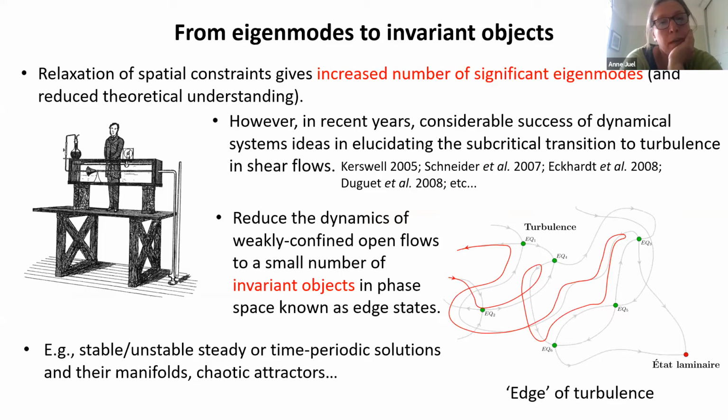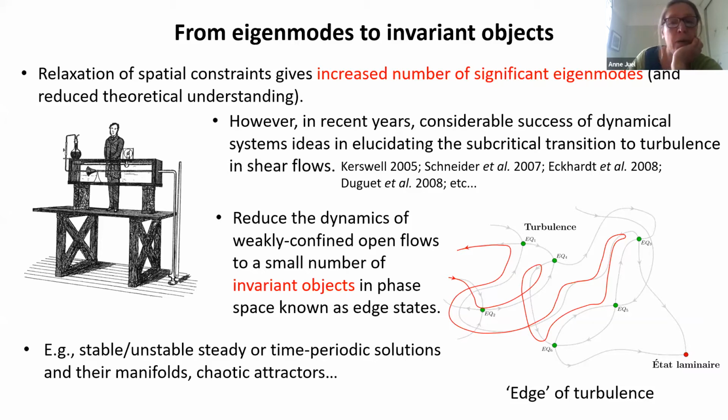So basically you could say that the bottom-up approach there comes to a dead end in terms of understanding complexity in fluid flows. But in recent years, however, there's been a rekindling of interest in dynamical systems ideas because of considerable success in elucidating the subcritical transition to turbulence in shear flows.